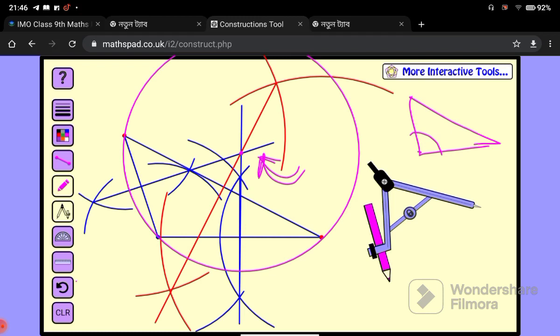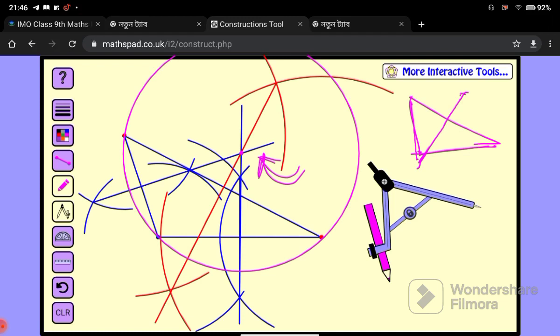So you can see this for the circumcenter outside. If you take obtuse, if you take right angle, then where will the circumcenter be? You have to draw the perpendicular bisector. That means this way you will get it. Again, the other one is also perpendicular, right?